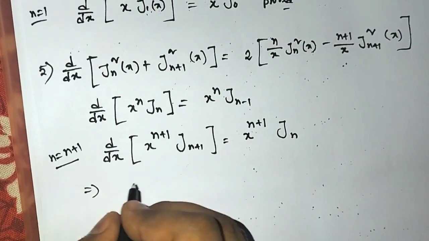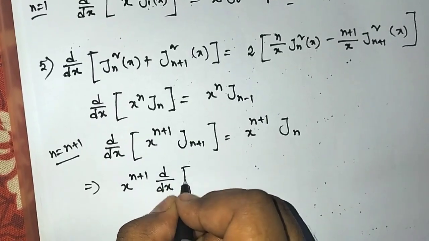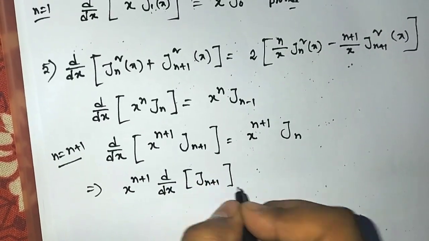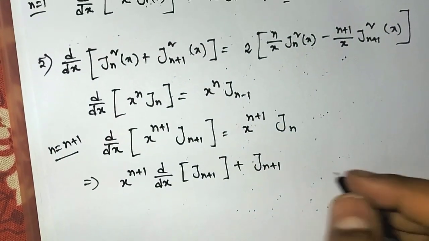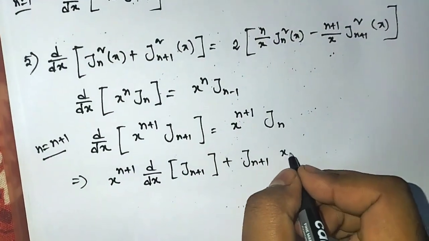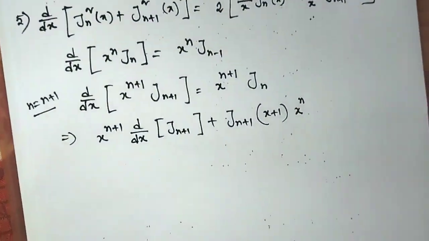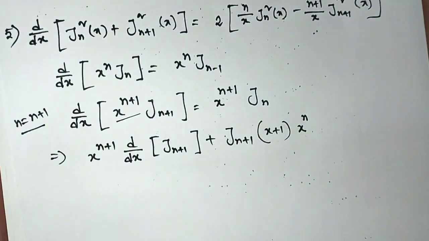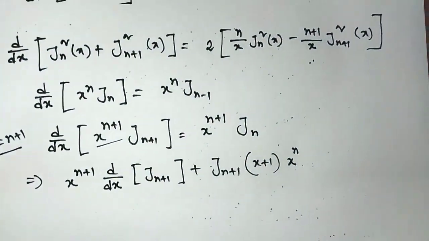Now break this. So x^(n+1) d/dx of Jn+1 plus Jn+1 into the derivative of x^(n+1), so (n+1) into x^(n+1-1), so x^n.